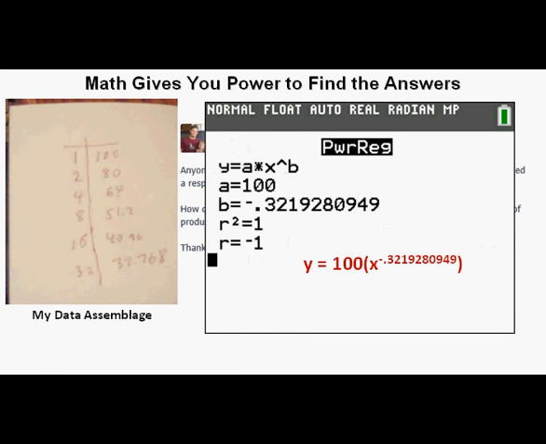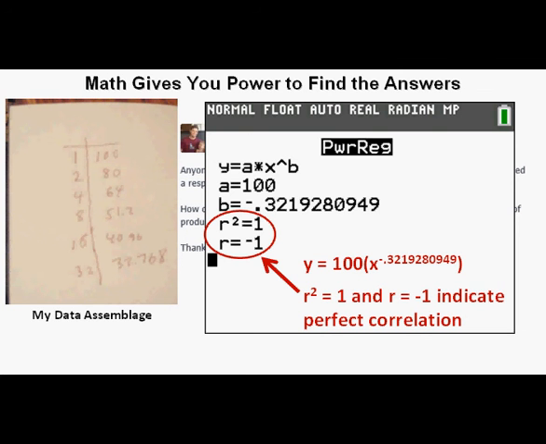Press Enter. Go down to Calculate. Press Enter again. This is what we get. Y equals x to the power of negative 0.3219280949. Note the r squared of 1 and the r value of negative 1. These are the diagnostic values indicating perfect correlation with the data.